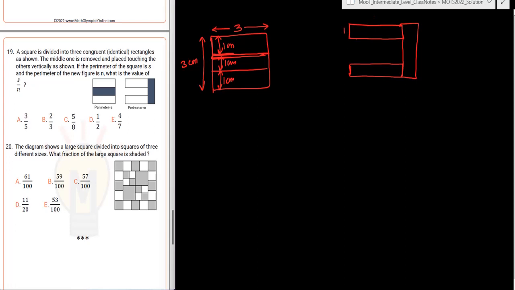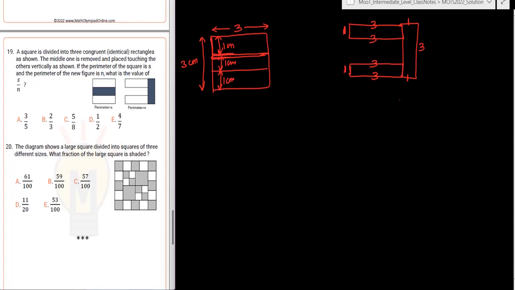So this will be 1 centimeter, this will be 3 centimeters, this will be 3 centimeters, this will be 1 centimeter, this will be 3 centimeters, the top is also 3 centimeters, and this is 1 centimeter, this is 3, and this is 1. We just have to find the overall perimeter, so we add all the numbers I have written here. 1, 1, 1, 1, that is 4, and then 1, 2, 3, 4.